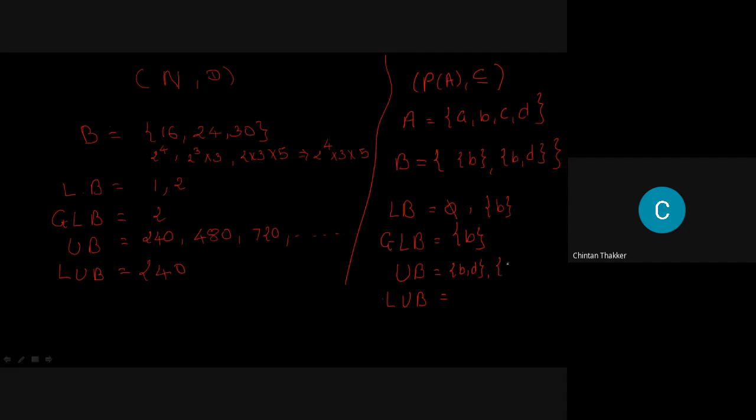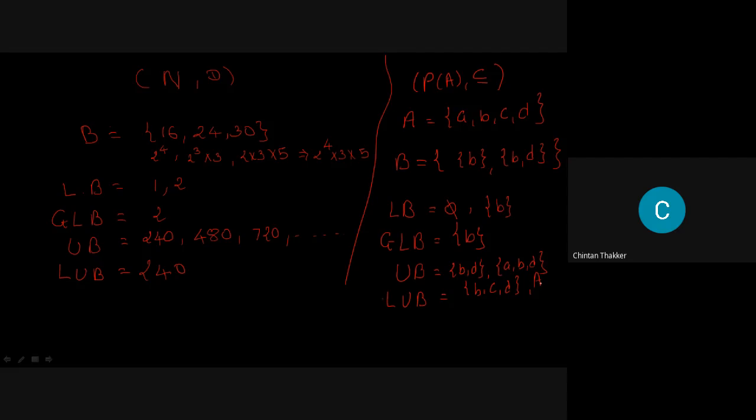Here, if we take {a, b, d}, then these two are subsets of this. Then we have {a, b, c, d}. Again, singleton {b} is a subset of this, and {b, d} is also a subset of this. So we have these four upper bounds.